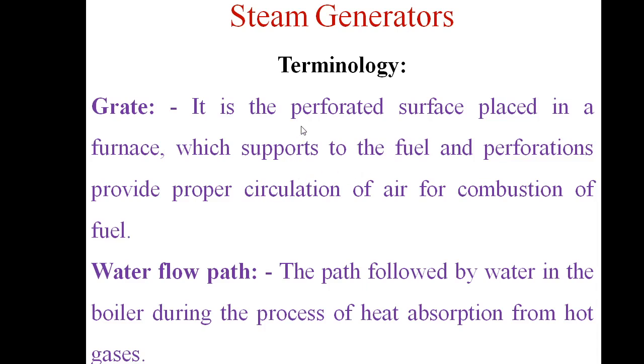As well, the perforations are provided in order to collect the ash below the grate. Burned fuel gets converted into ash, and that ash has to be collected at the bottom. So perforations perform two functions. One is that they provide proper circulation of air, and the other is that they help to drop the burned fuel, that is ash, into the ash pit. So this is known as a grate.